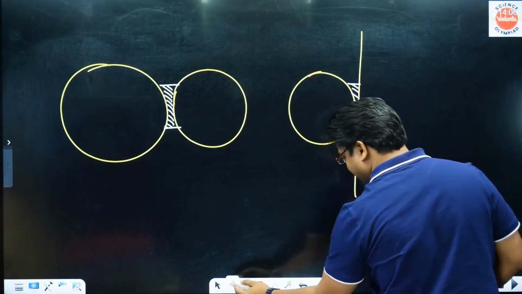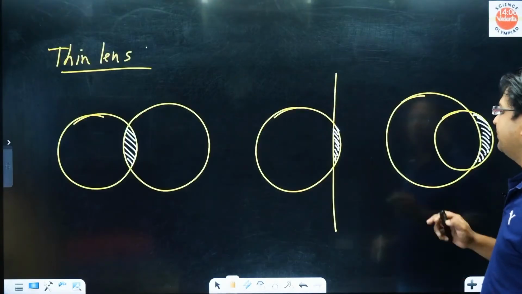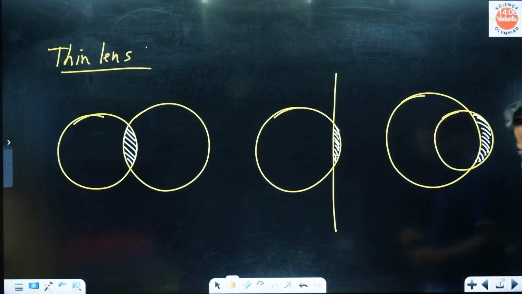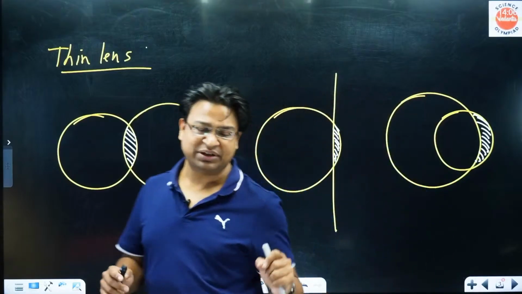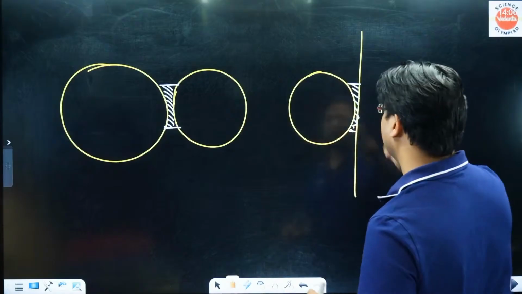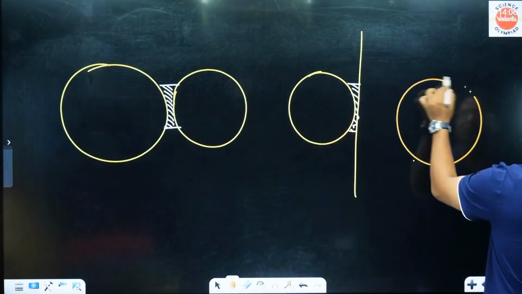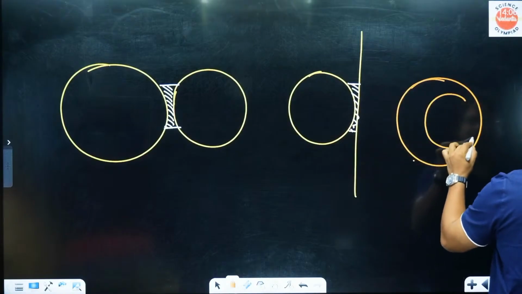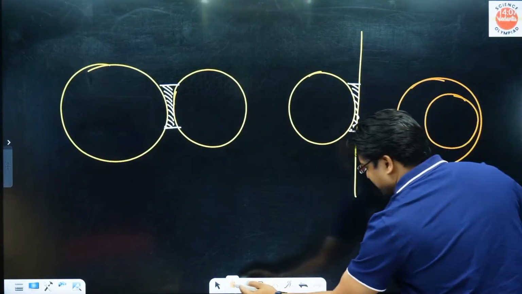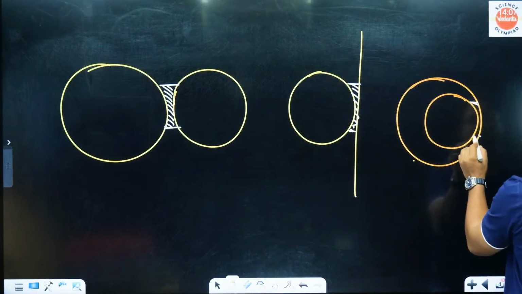And the third kind of lens, you probably would have guessed, used two spheres which were intersecting in a different manner. So here again, we can go with two spheres which are non-intersecting, in a slightly different kind of way, like this. So we have drawn six varieties of lenses.